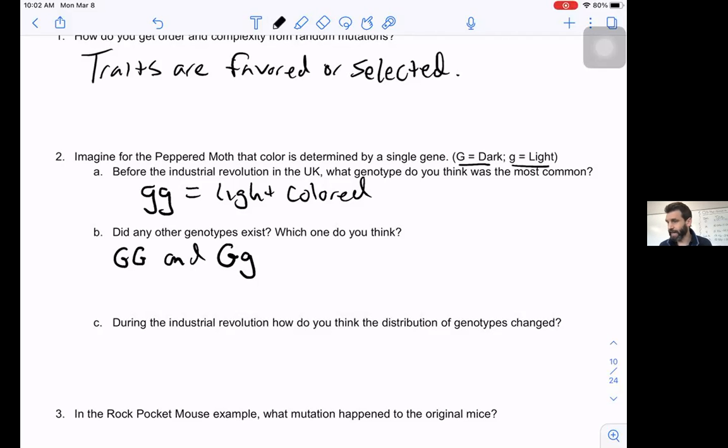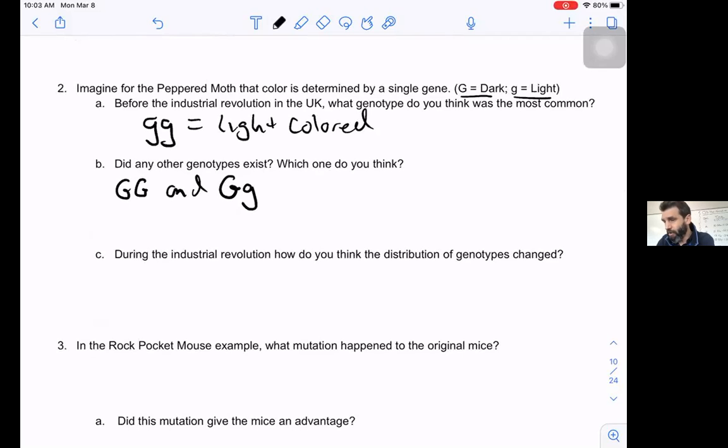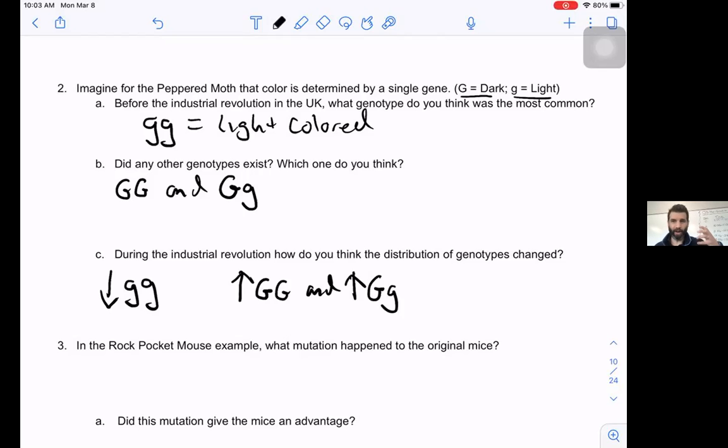During the Industrial Revolution, how do you think the distributions of genotypes changed? Well, I think that there was a decrease in the homozygous recessive. There were fewer light-colored moths, and there was an increase in GG and probably an increase in Gg. So what I want us to get thinking about is not just that the colors are changing.